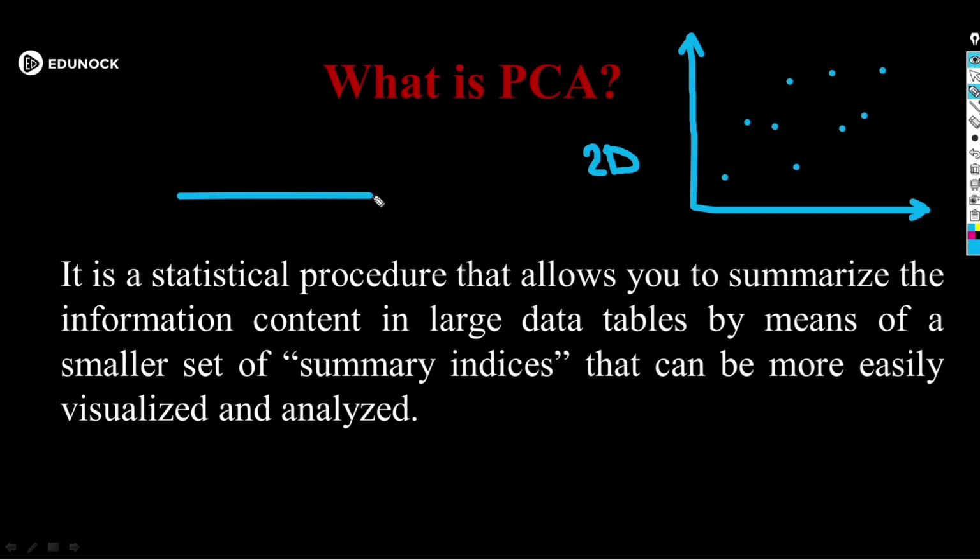And suppose I have only a single axis and my data set is just plotted on the same line. What is the dimension of this data set? This is called a one-dimensional data set, and it is a 1D diagram.